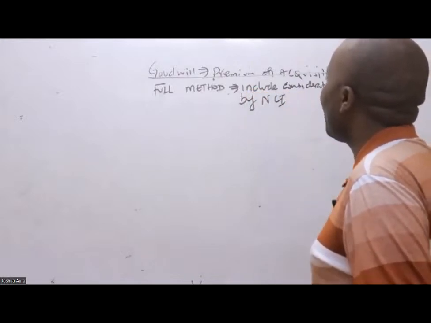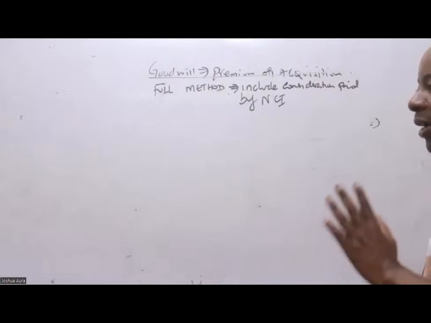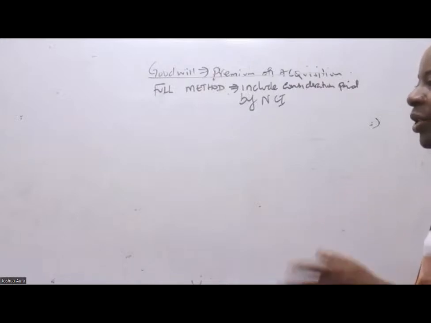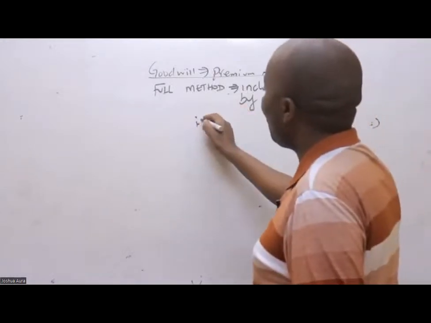When you include the consideration paid by NCI, then you are calculating goodwill using the full method.